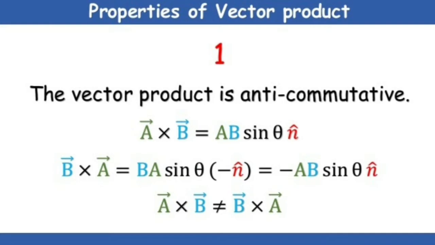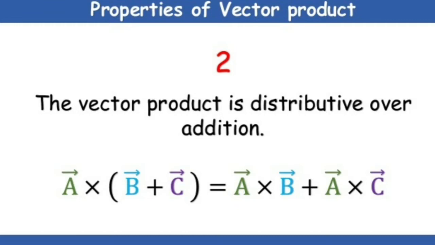When we take vector B cross vector A, that is BA sin theta into minus n cap, because that direction will be opposite to the direction of vector A cross B. So here also magnitude remains the same, that is AB sin theta, but direction is minus n cap, that means opposite to the direction of vector A cross vector B. So we say that vector product is anti-commutative. That means they are equal in magnitude but opposite in direction.